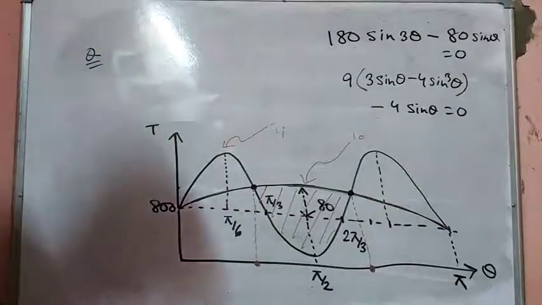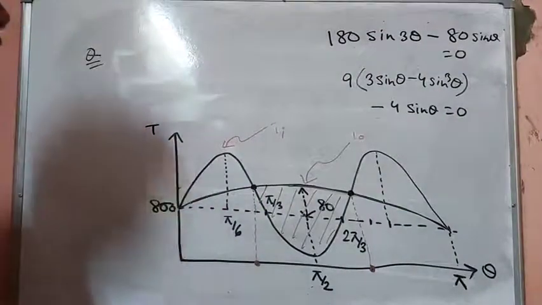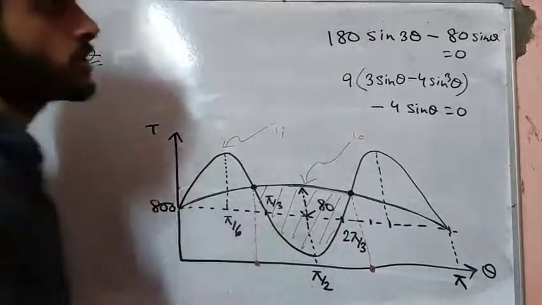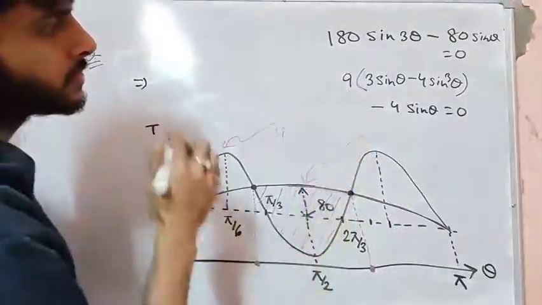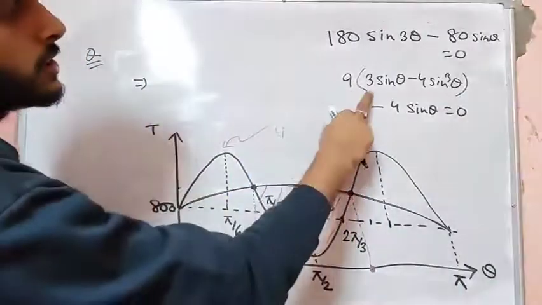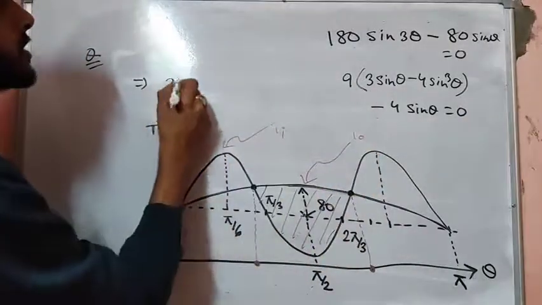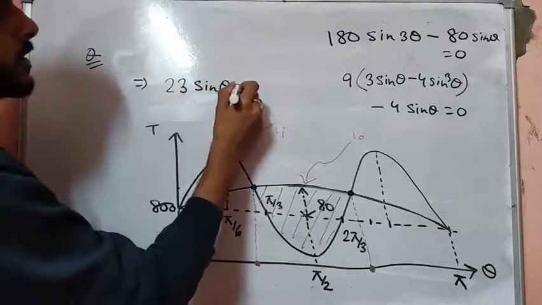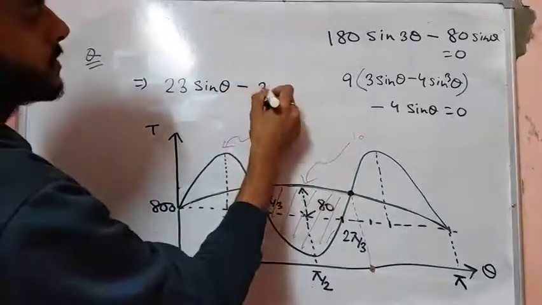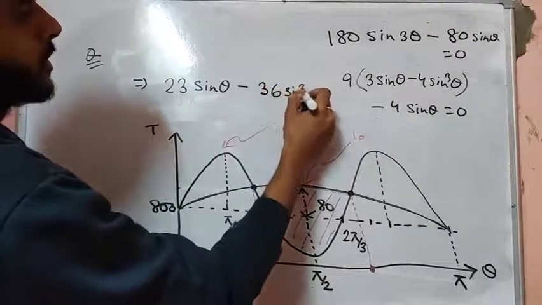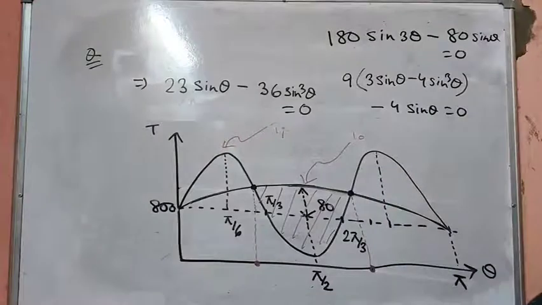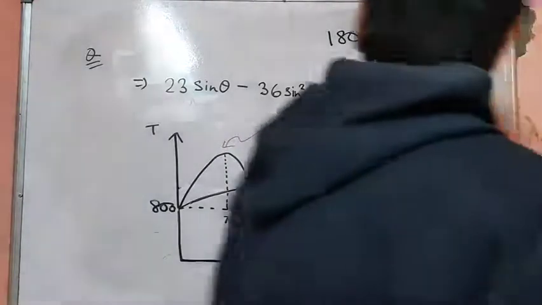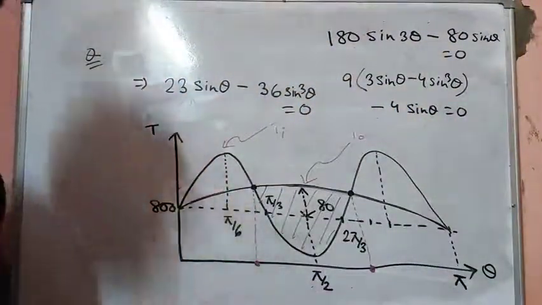Now we can solve. This equation can be written as: 4 nines are 36, 3 nines are 27, minus 4 is 23, so 23 sine theta minus 36 sine cube theta equals 0.